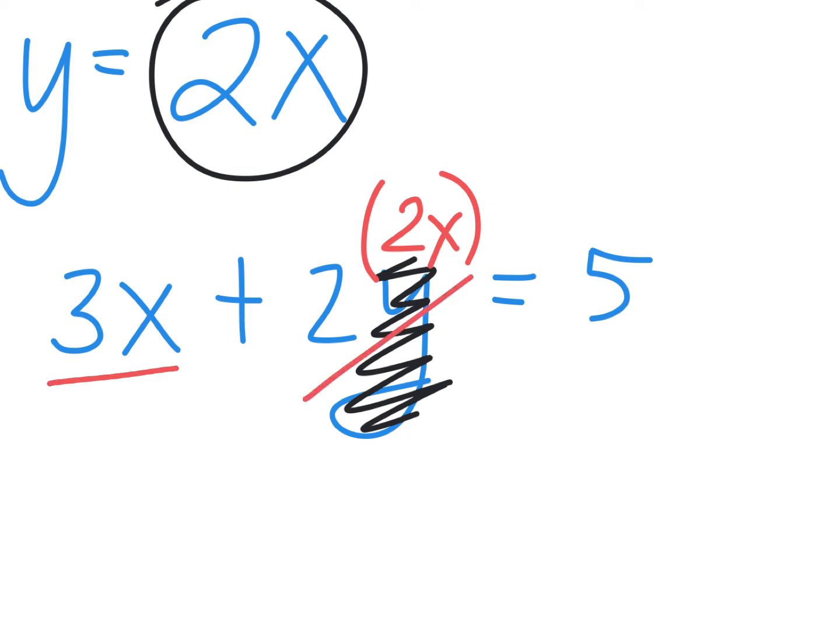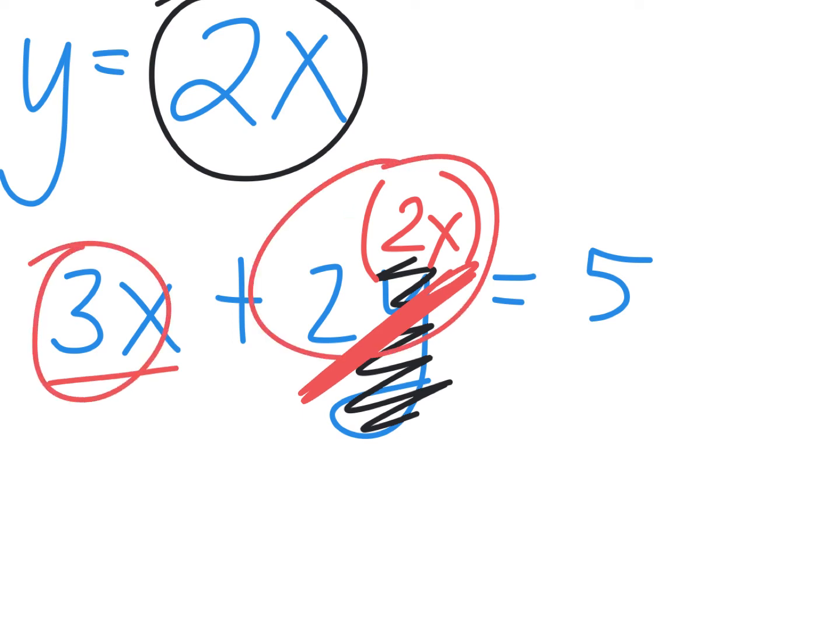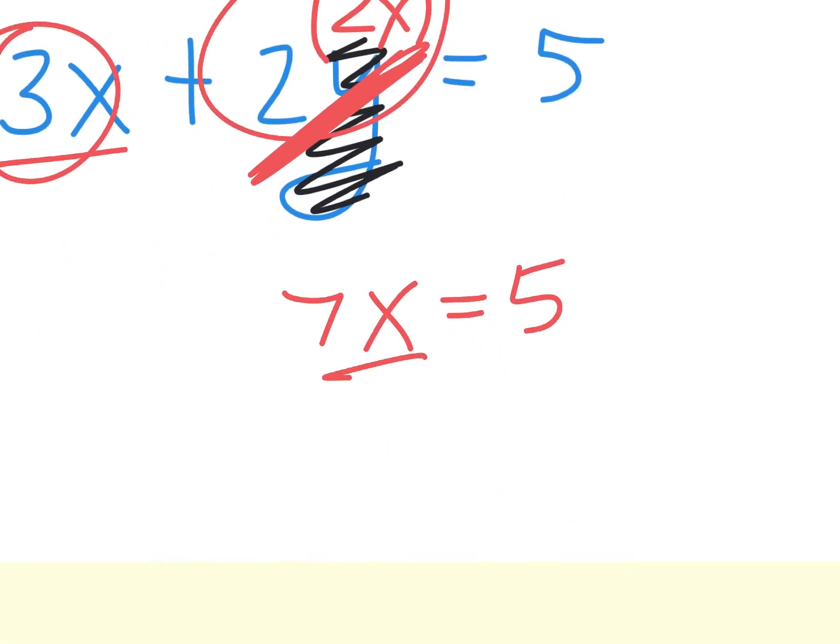It's got 3 x's, and that's actually 4 x's because you'll multiply those. And what's 3x plus 4x make? 7x. 3 and 4 makes 7x equals 5. And I'm almost done. Divide by what? And you get x equals 5/7. And that one didn't work out as nice, but how many of you got 5/7? Raise your hand if you did.